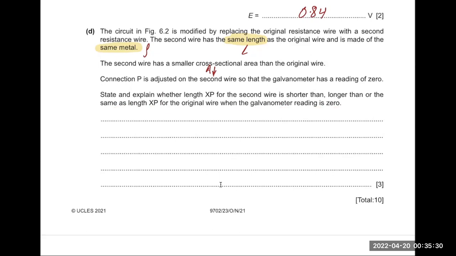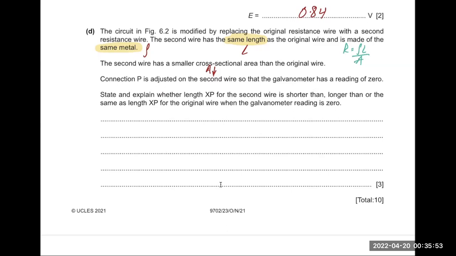Now, let's see what this change does to the resistance of the wire. R is equal to rho L over A. Resistivity is constant because it is the same metal. Length is constant because they've said same length. The area has decreased.